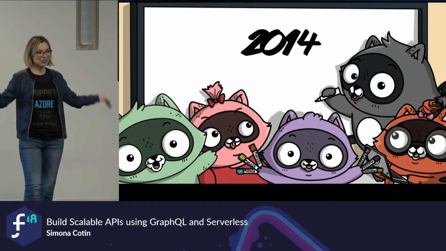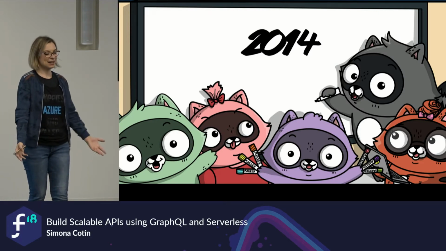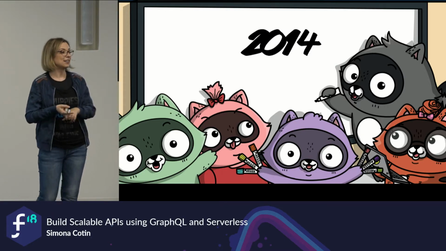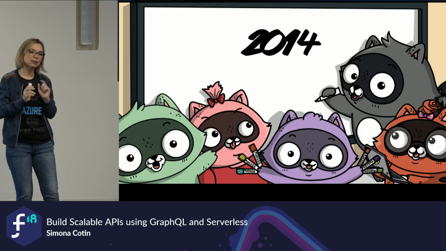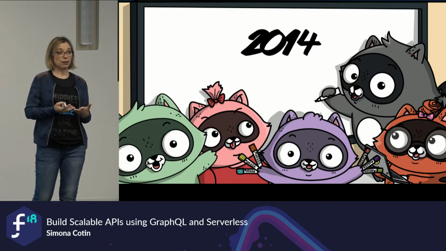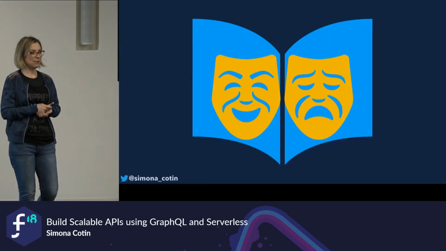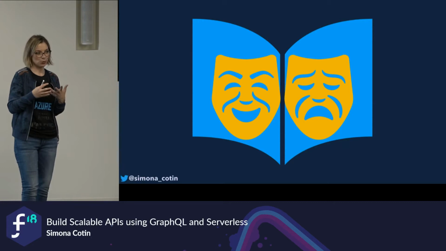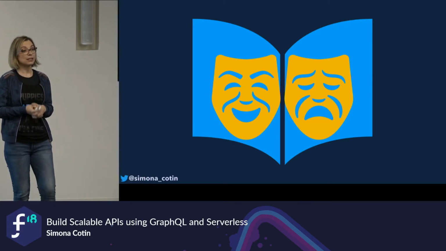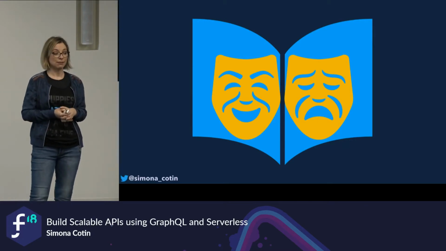Okay, cool. 2014. That was a cool year. That's the year when serverless started getting to life, and it was also towards probably the beginning of 2015 that GraphQL was released. And by released I mean open sourced, at Facebook. The team had been using GraphQL, in fact, for about 3 years already.